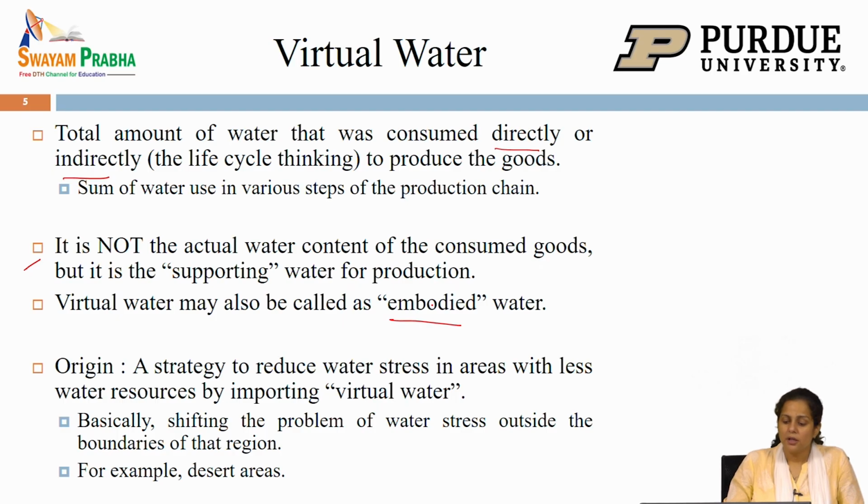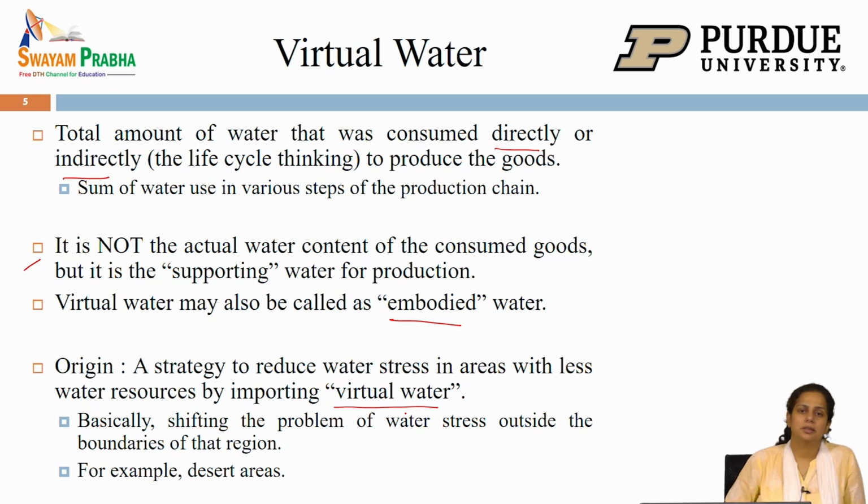they talked about what we call importing virtual water. Since virtual water is the indirect and direct water requirement for supporting production, if we are importing a product from some other place, in a sense we are also importing virtual water, because that water was not available in the local region for production.